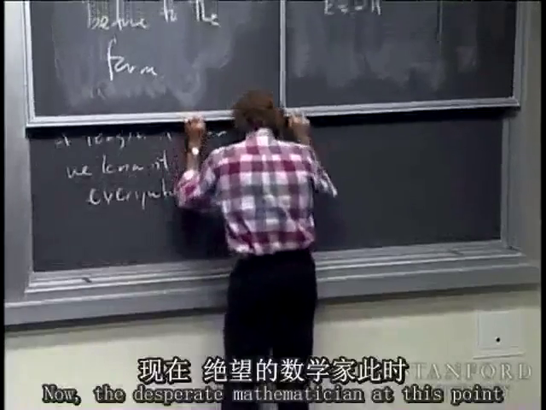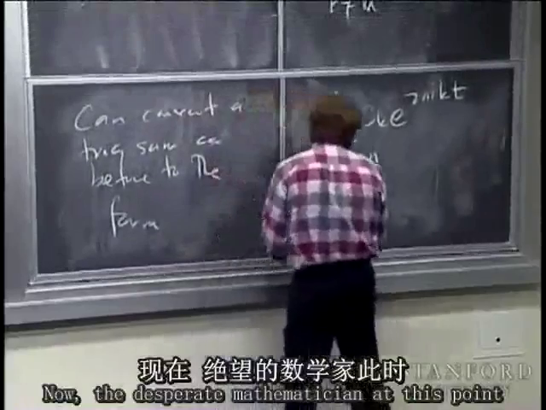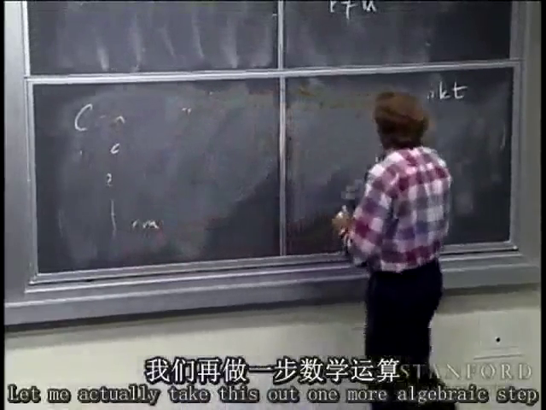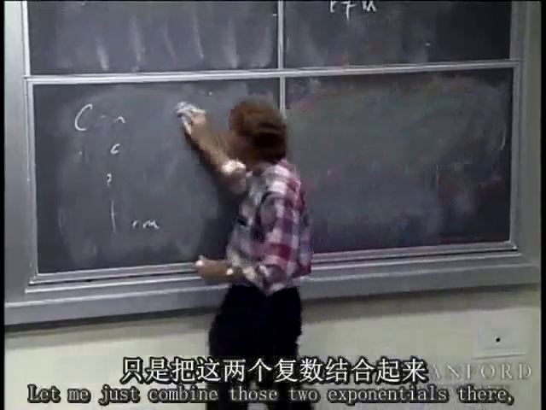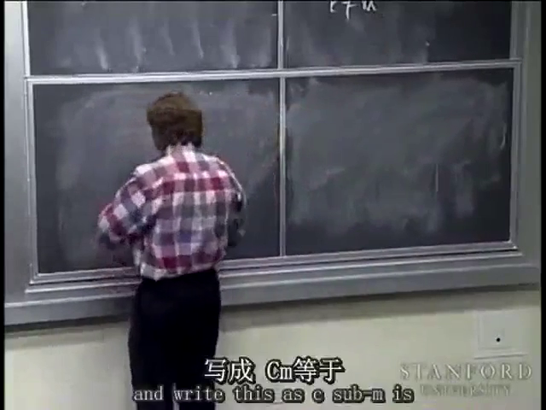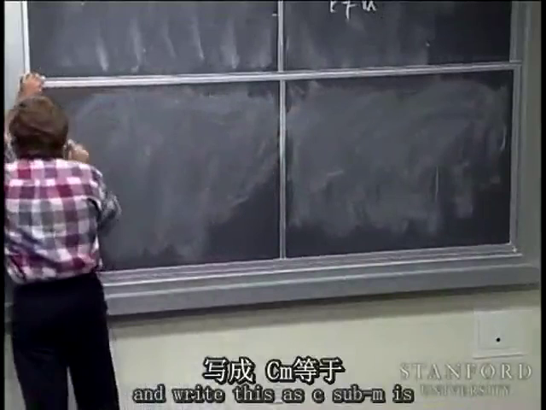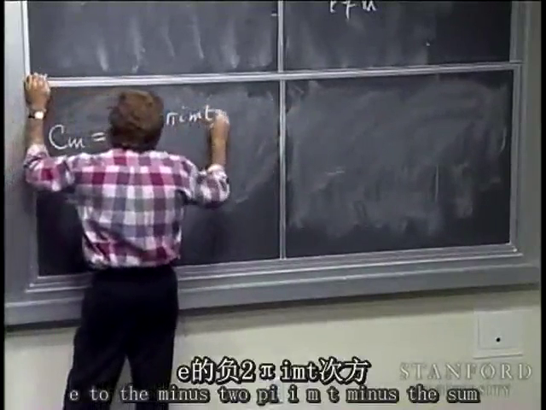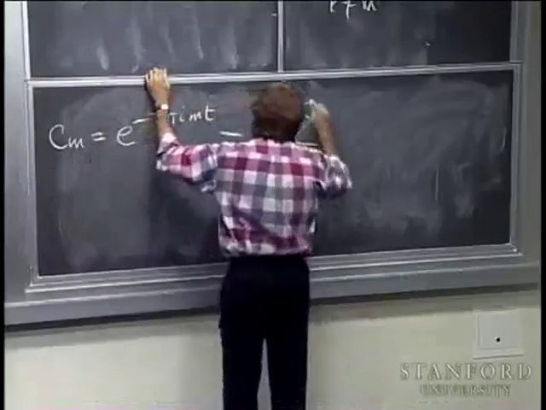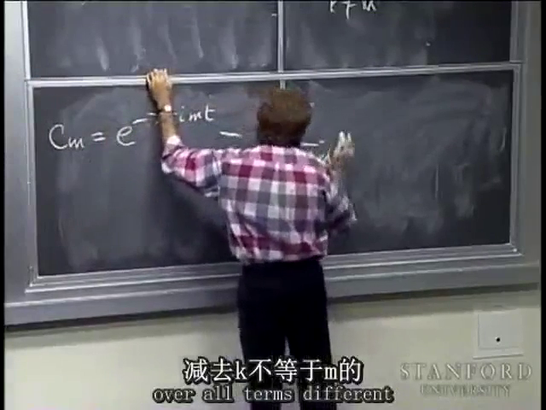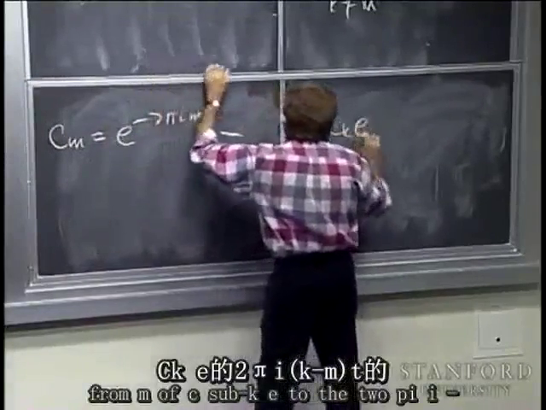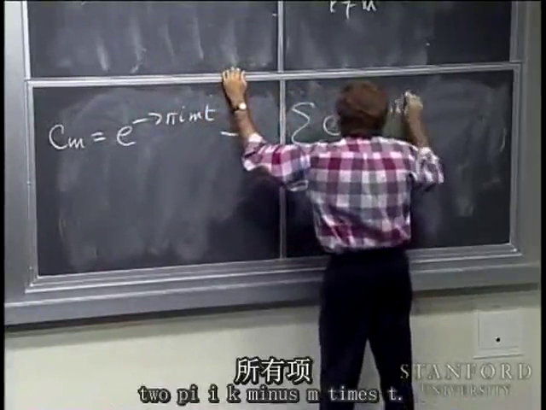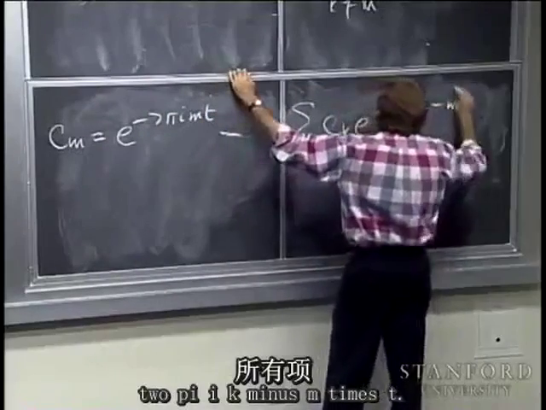Now, the desperate mathematician at this point, looking for something to do, let me take this one more algebraic step. Let me combine those two exponentials and write this as c sub m is e to the minus 2 pi i mt times f of t, minus the sum over all terms different from m of c sub k e to the 2 pi i (k minus m) times t.